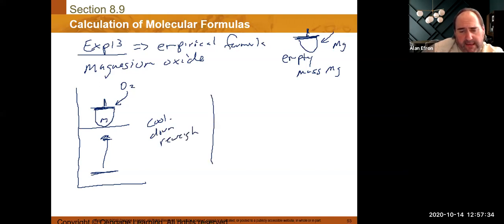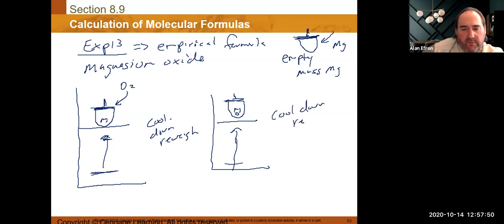They would put it back up there and heat it again, with some oxygen in there at this point, cool it down and reweigh. They would continue that process until they hit constant mass.